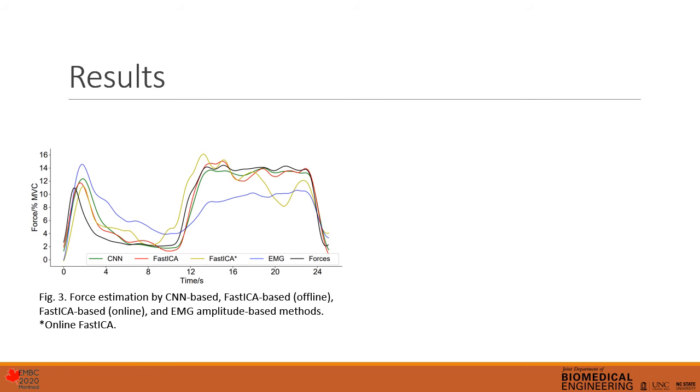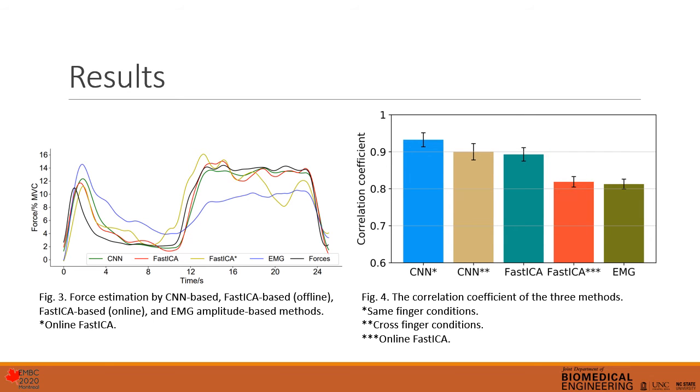An example force prediction is shown in Figure 3. The prediction by the CNN-based model is in the same finger condition as mentioned in the previous slide. Shown in Figure 4, we averaged the results across 3 subjects and all fingers for each subject. It showed that the CNN-based method of 92% correlation coefficient achieved similar performance compared with the fast ICA-based method of 89%, and both showed better performance than the EMG amplitude-based method of 81%.